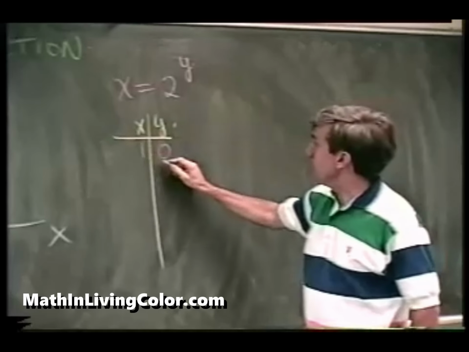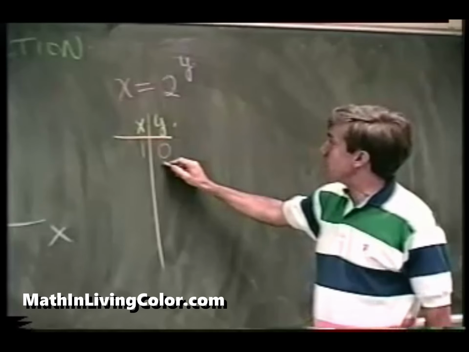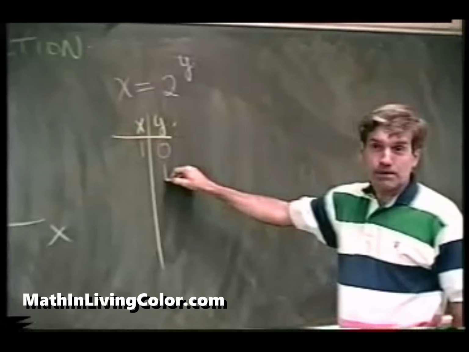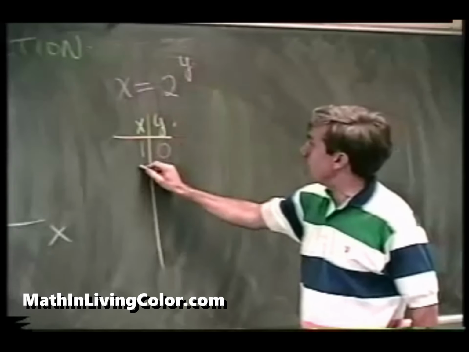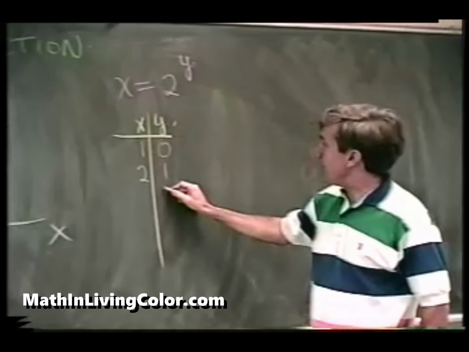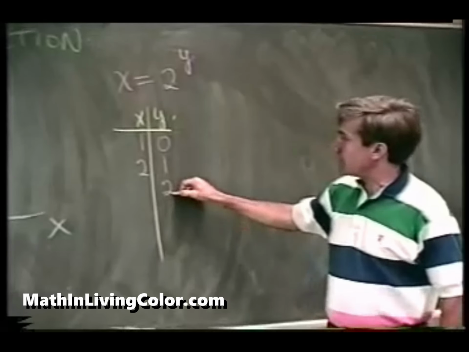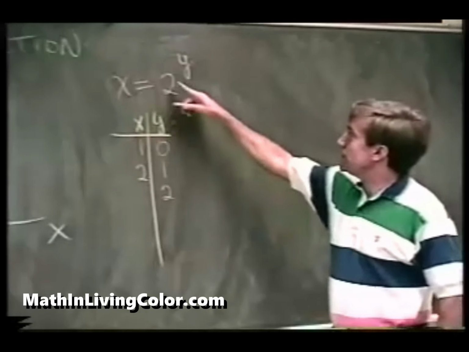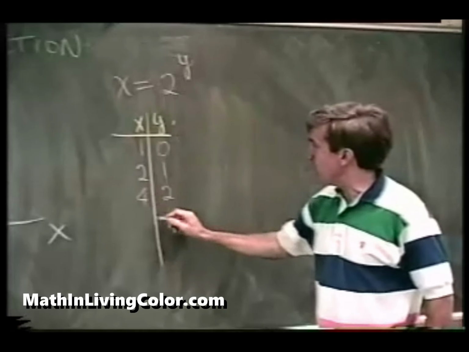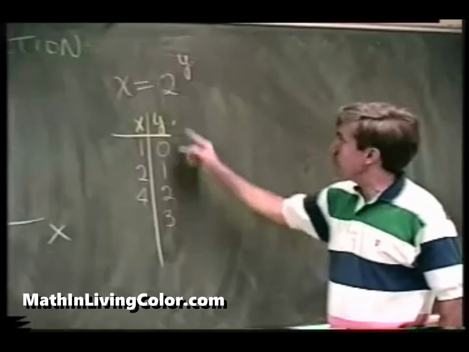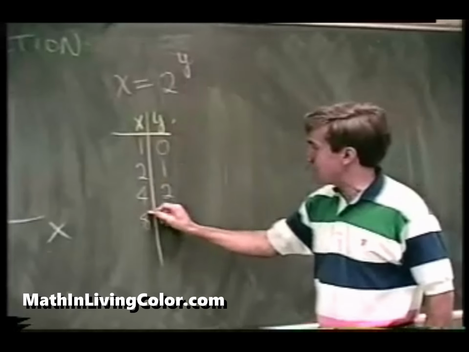All right. What about if y is 1? Then 2 to the 1 power, x would be 2. How about if y is 2? Then 2 to the second means that x would be 4. 3 would give you 2 to the third, which is 8.